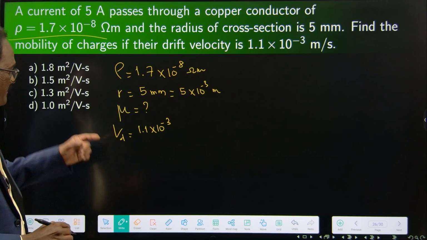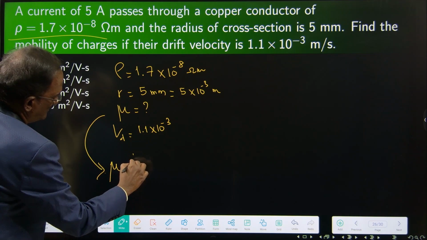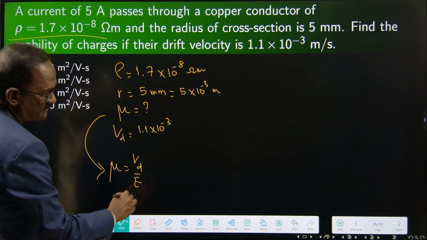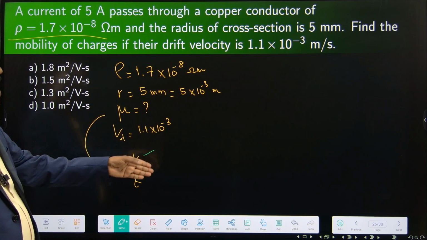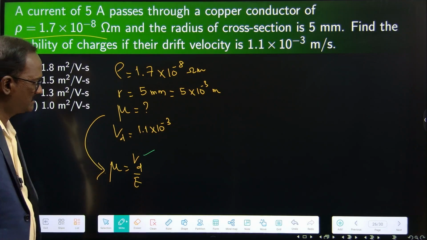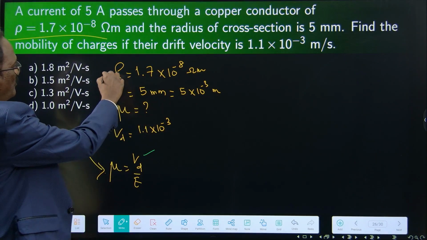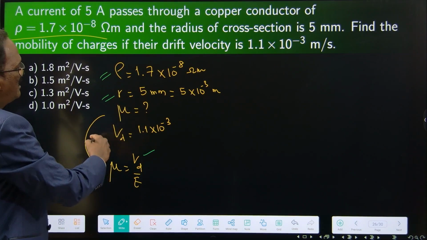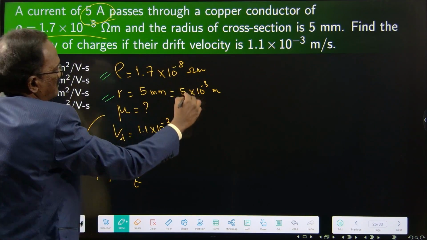Mu is in the question, Vd, right? Mu is equal to Vd by E, direct formula. Vd is available, 1.1 into 10 to the power of minus 3 meter per second, and E has to be found. What are the other values available? Rho available, R available, I also available. Current is 5 amperes.